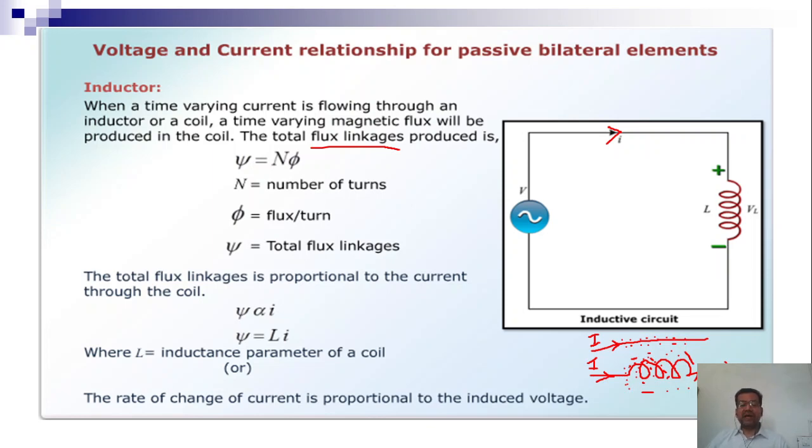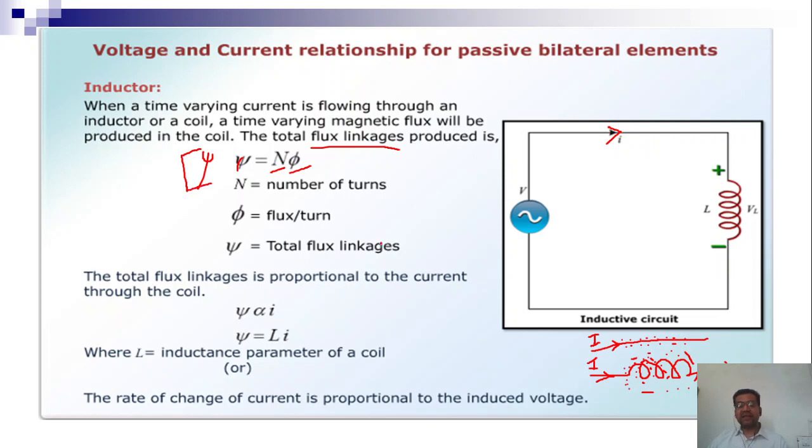We call it the flux linkages, the number of turns linked with that particular flux. We call it psi. This symbol is used for flux linkages.